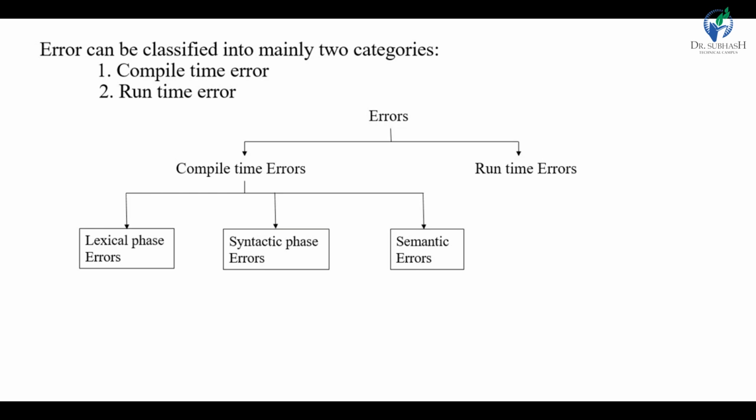Second is syntactic phase error or syntax error. These types of error appear during the syntax analysis phase of the compiler. Errors in structure, any missing operators or unbalanced parentheses, these types of error occur in the syntax phase error category.